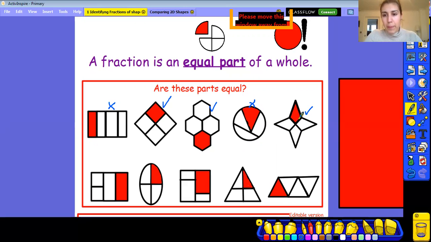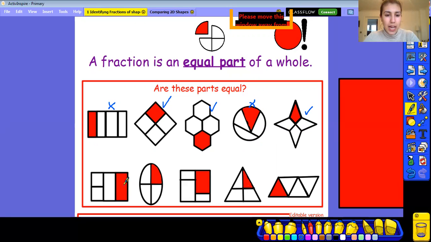This is the same size part, but it's just flipped upside down. This is the same shaped and sized part, but again, it's just on its side. So it doesn't have to be the exact same direction. It doesn't have to look perfect, but it has to be equal. So just because it's tilted on its side doesn't mean it's not equal, because it's still the same amount inside there.